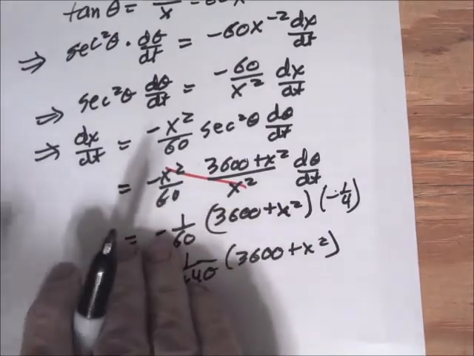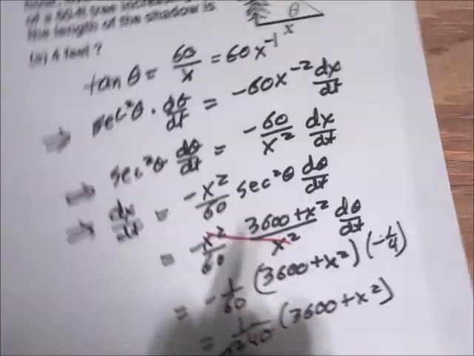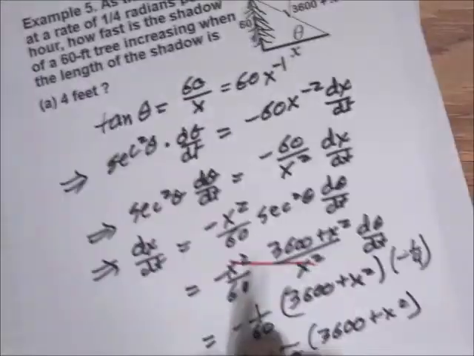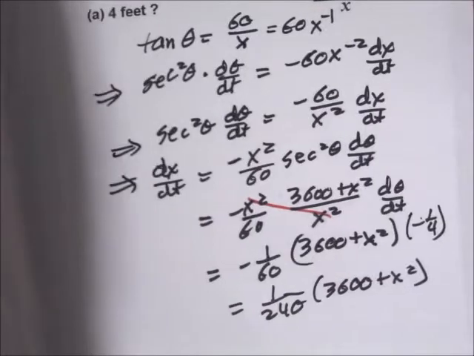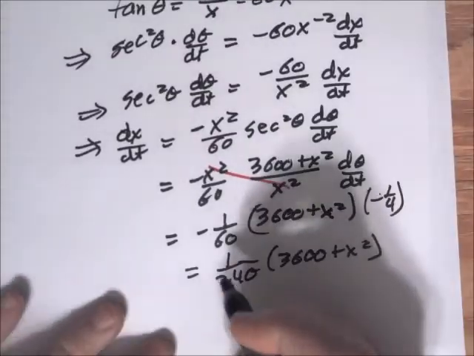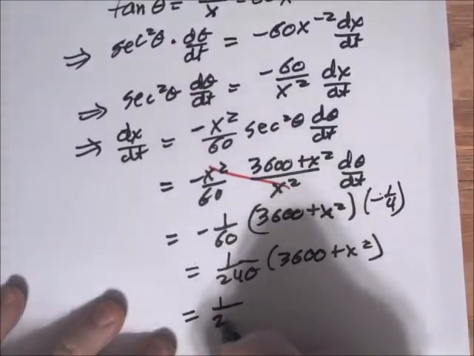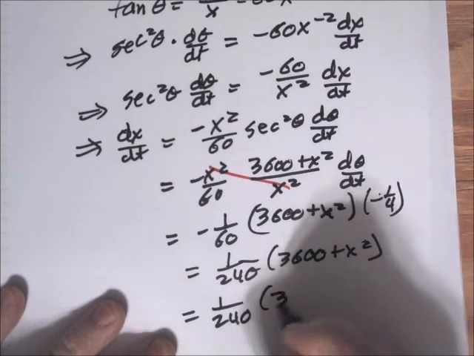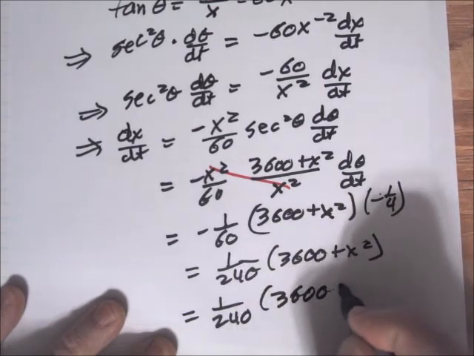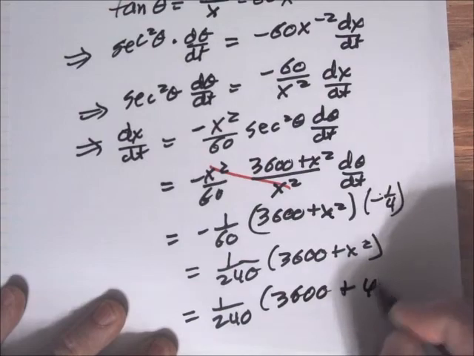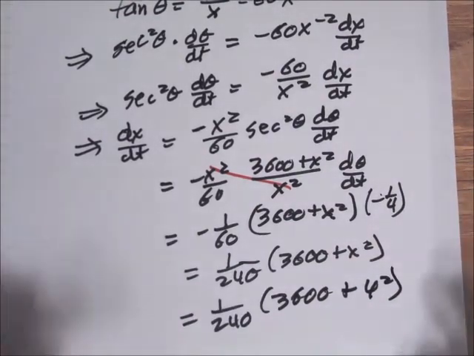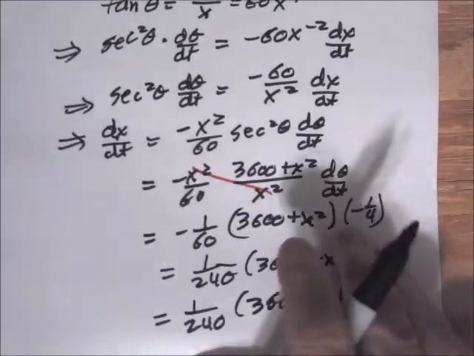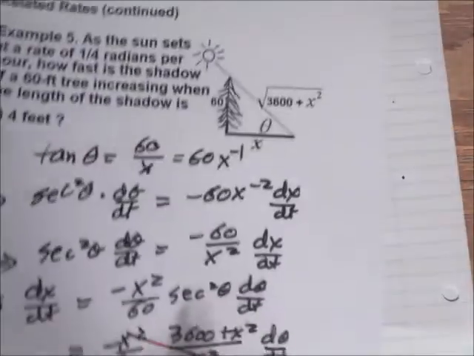So now we can plug in the current length of the shadow. It's 4 feet. So x is 4 feet. So this is 1 over 240 times 3600 plus 4 squared.